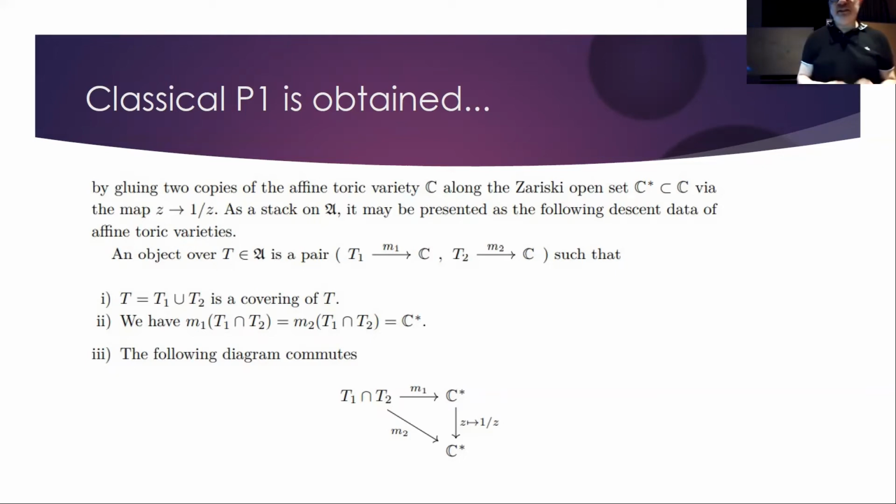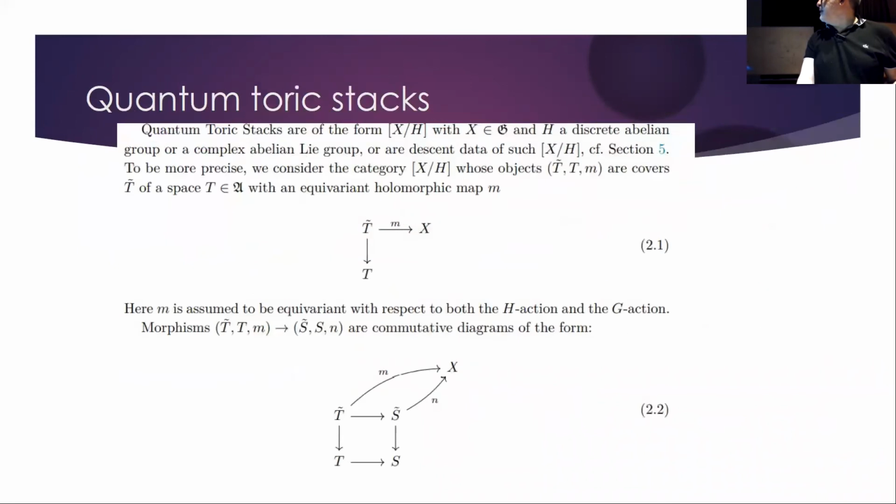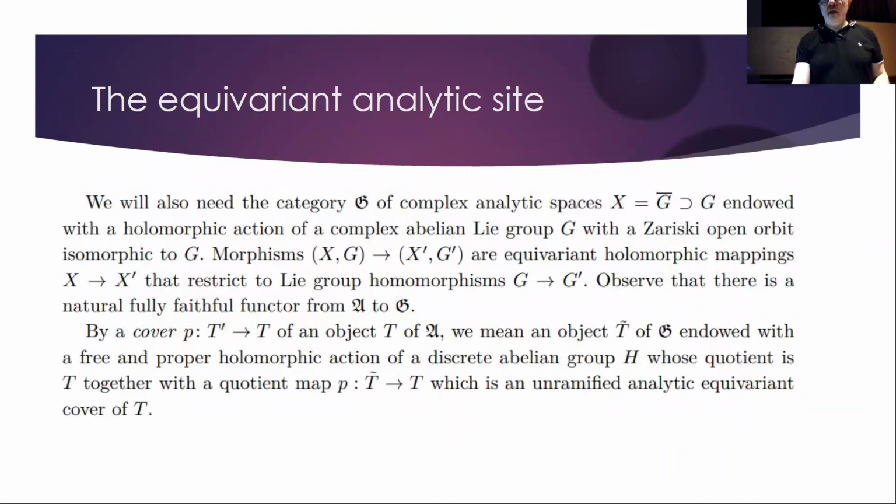Can you say what it is? Before you said toric side, well, toric orbit. What is a toric orbit? I just want to know what is a toric orbit. Well, it's just an equivariant map, an equivariant analytic map.